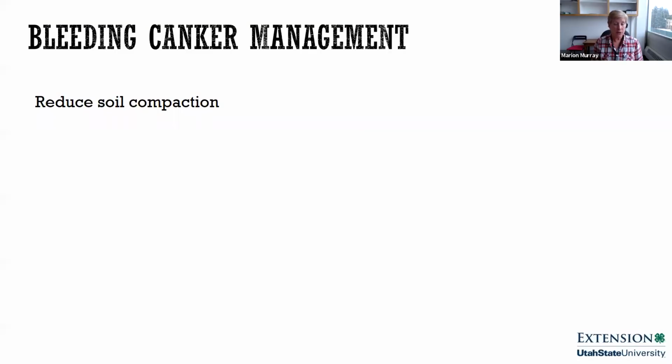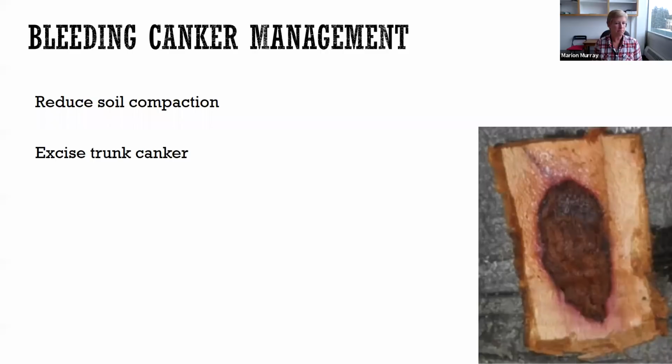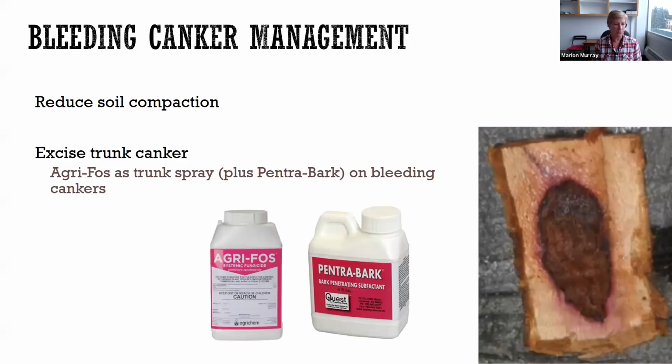So bleeding canker management is a little bit different because you have the rain splash from the ground. So reduce soil compaction or add mulch to prevent that splashing. It has been shown in this case that the cankers are pretty small, and so excising them may contribute to drying out and stopping the growth.